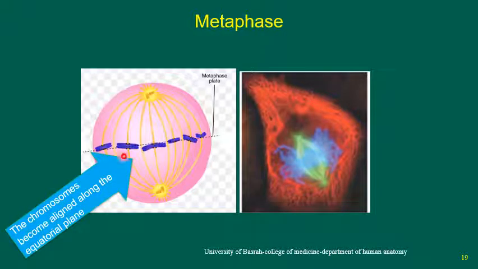The second feature: all the chromosomes become aligned at the equatorial plane of the cell with the assistance of the spindle microtubules. At this stage, there are 46 centromeres we can see, each attached to the two sister chromatids.